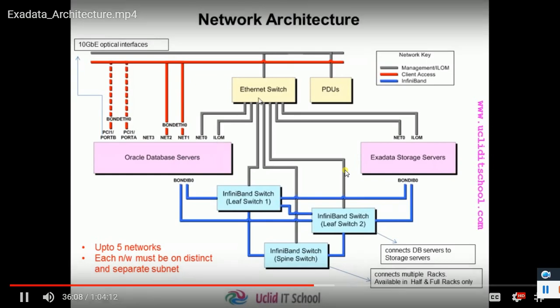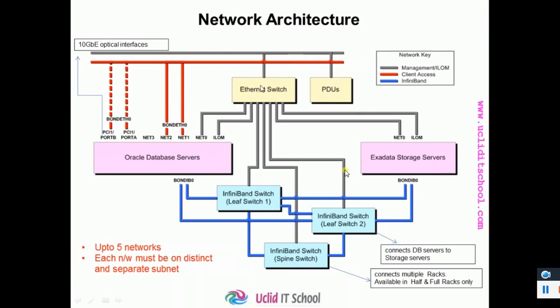And you have a Cisco Ethernet switch, then you have InfiniBand switches, and you have power distribution units. So these are all the components of an Exadata database machine: database servers, storage servers, InfiniBand switches and InfiniBand cables, Ethernet switches and Ethernet cables, and power distribution units.